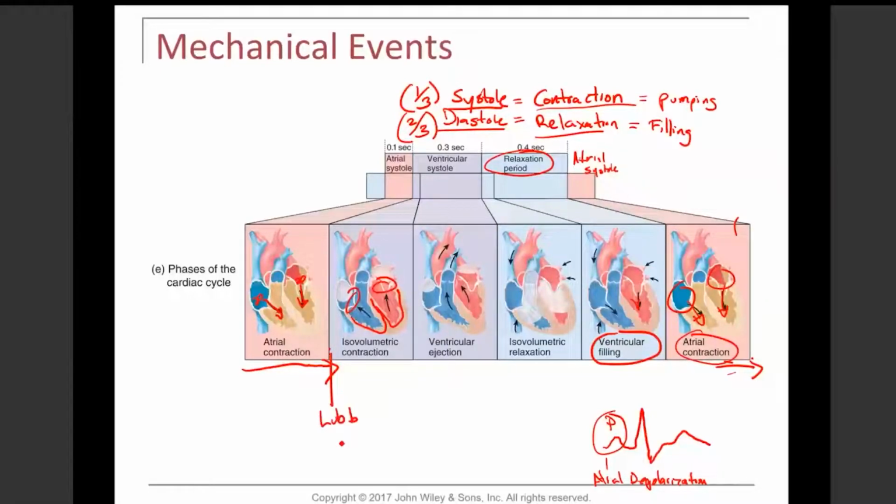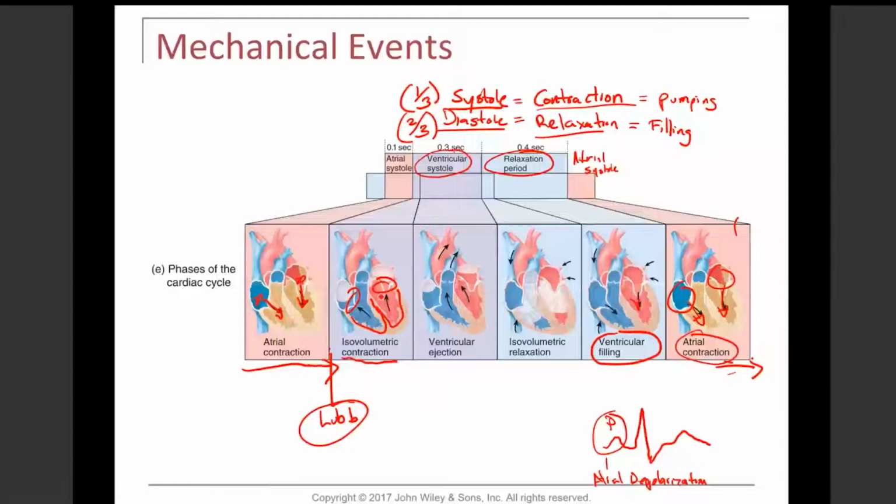And if you're looking at the entire diagram, a couple slides prior to this, you'll see that the lub sound is associated with this right here, okay? So far, so good? Everybody okay with what's going on here? Because we're in a contraction phase, and we're talking about the contraction of the ventricles here, we're in ventricular systole.